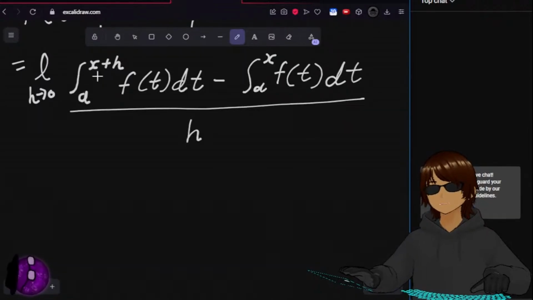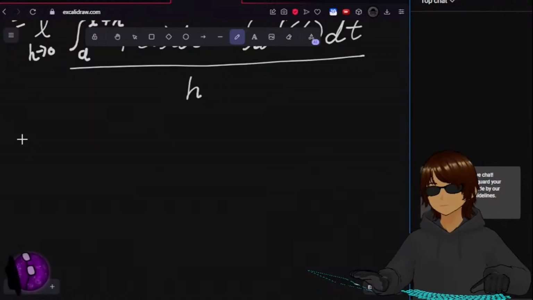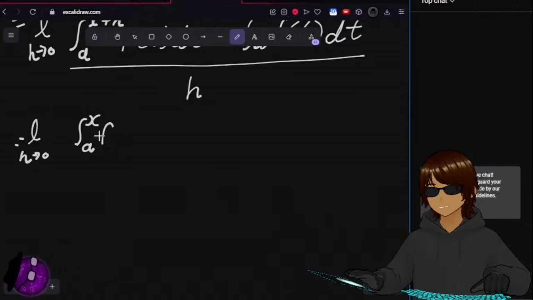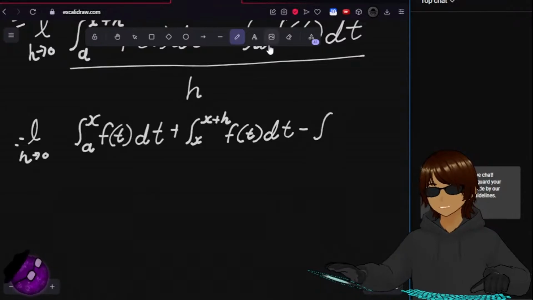So I was here, so this we can expand. The integral of f of t dt from a to x plus h, and then subtract basically this part.